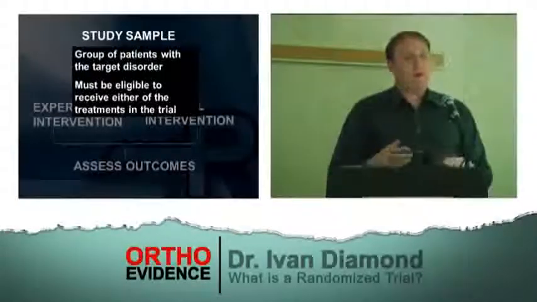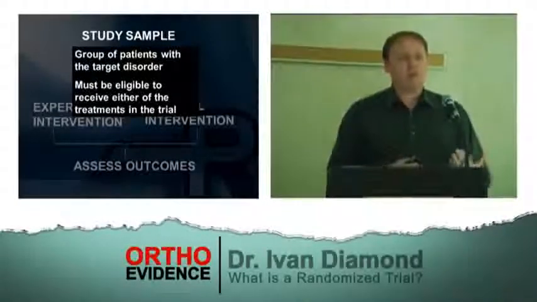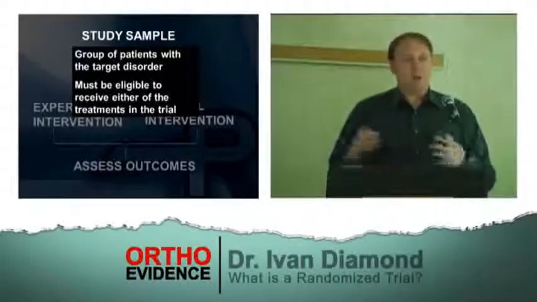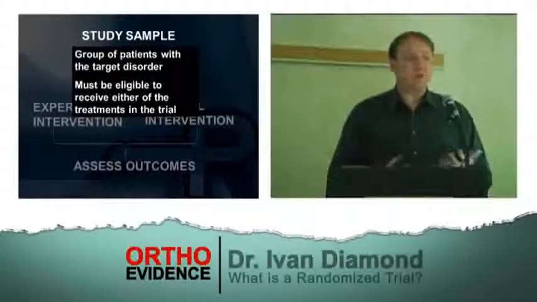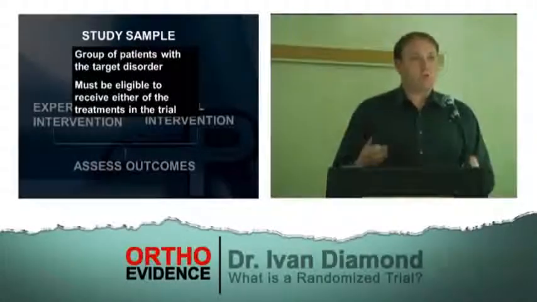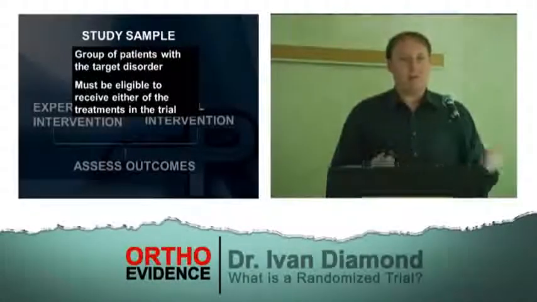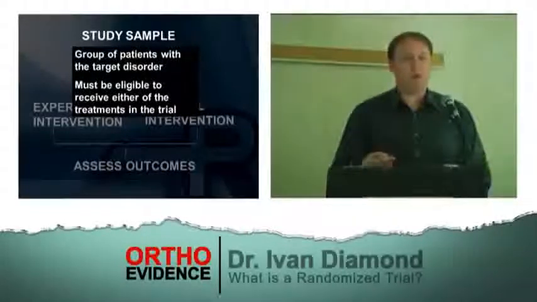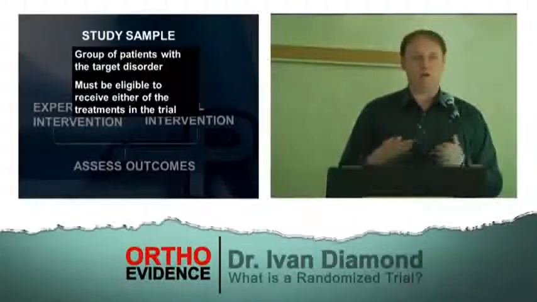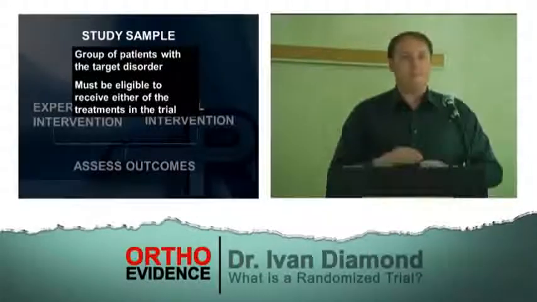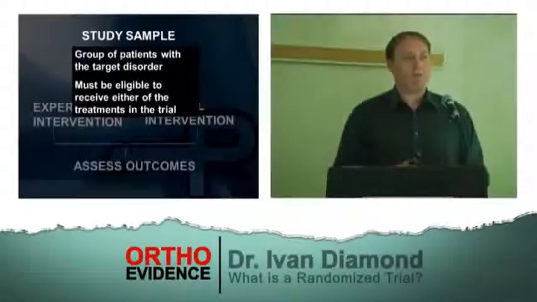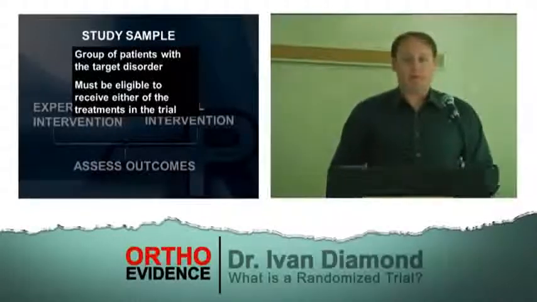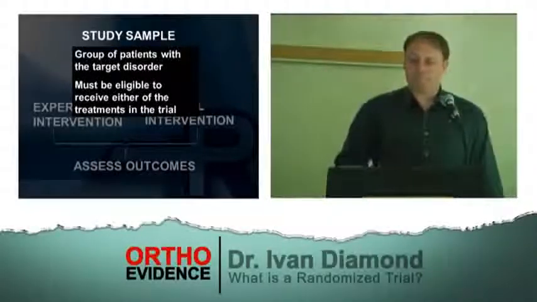And if you think about it, when making inferences from the studies, one of the challenges when you're looking at comparing case series or cohort studies is that the groups may not have patients that would have been eligible for either of those treatments. But because eligibility in a randomized trial occurs prior to randomization, by definition, you have to be comfortable with the patient getting either of your arms before they're enrolled in the study.